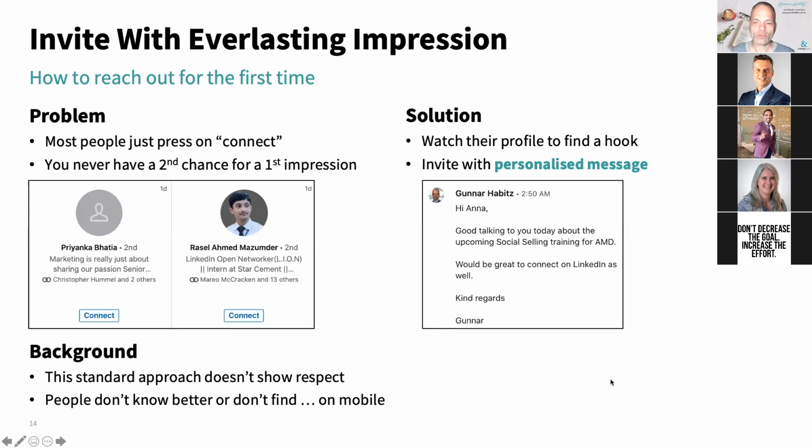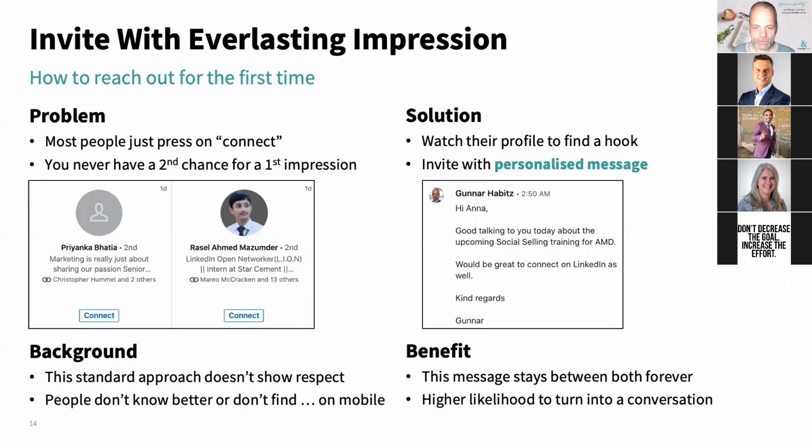For example, here I connected with a lady from AMD, a computer processor provider, who was in Europe, in London, and it was nice about the training that I delivered there. Of course, it was obvious that I create a personal invitation. This message stays forever. It's a higher likelihood, when I start with a message, to turn it into a conversation.